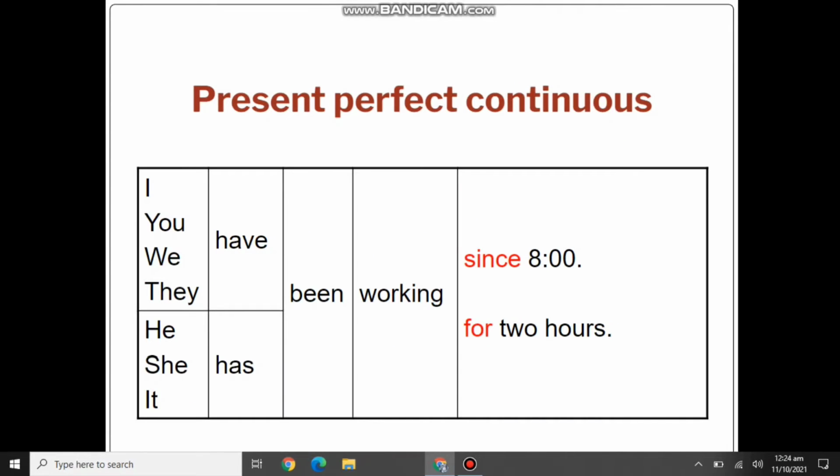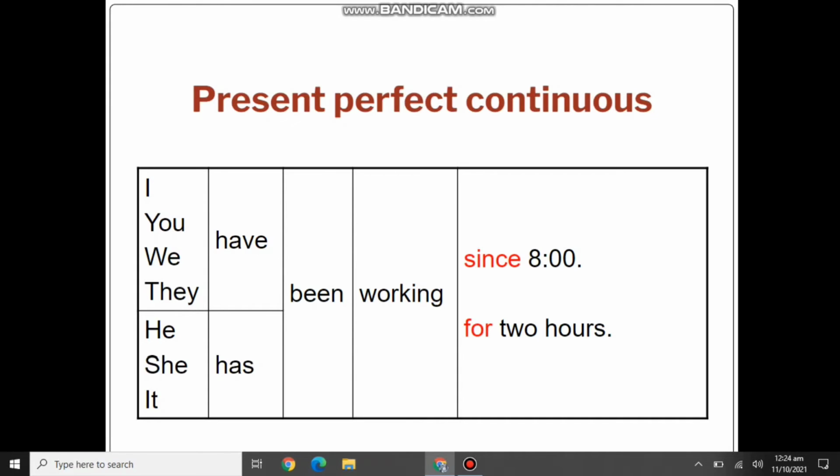Okay, here is the use of since and for. We use since and for in the present perfect continuous. We use since when we know the exact time, exact date, exact month, exact duration. But when we use for, we don't know the exact duration or exact time.